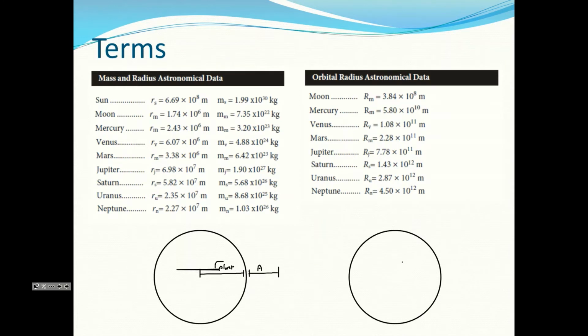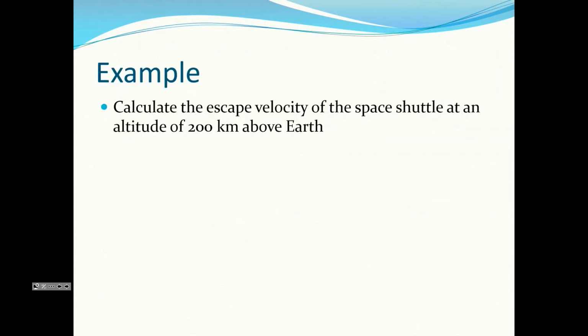But when we're talking about orbital radius, like a satellite orbiting around, this is our orbital radius, and this is always r in the formula. So we have the radius of the planet, the orbital radius, which is r, and then we have altitude. Make sure you know which one is which.